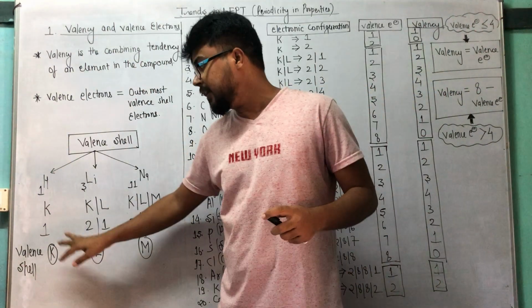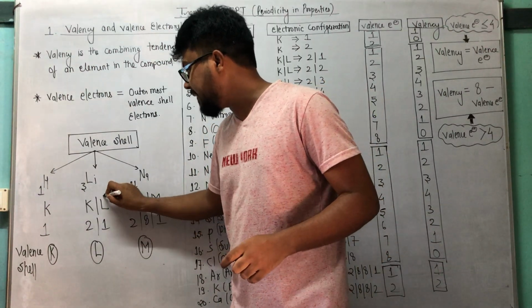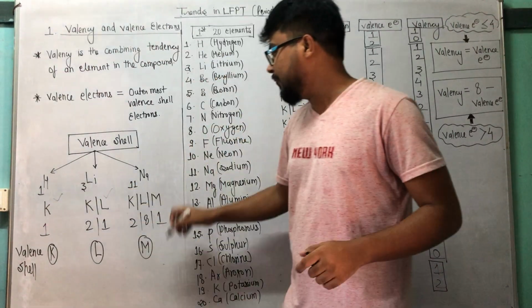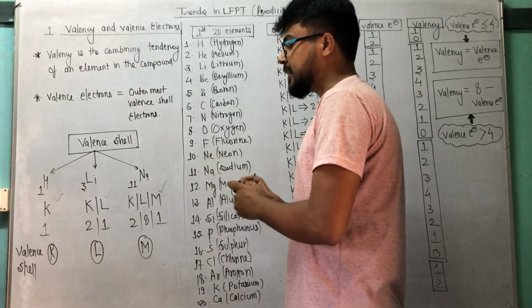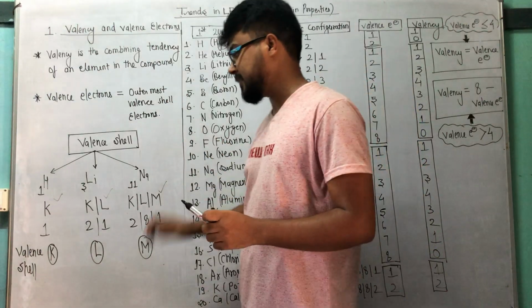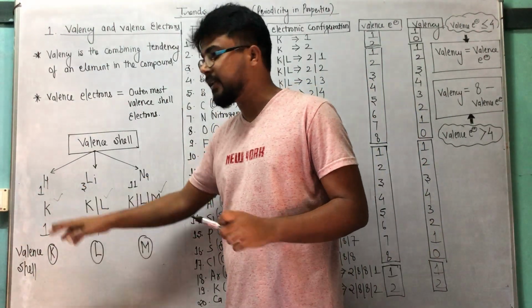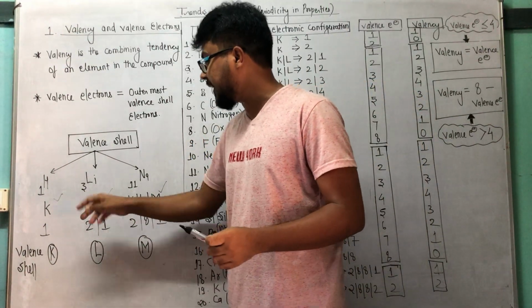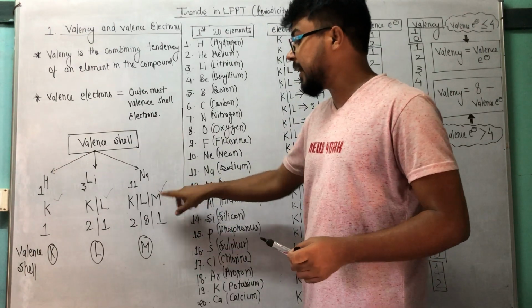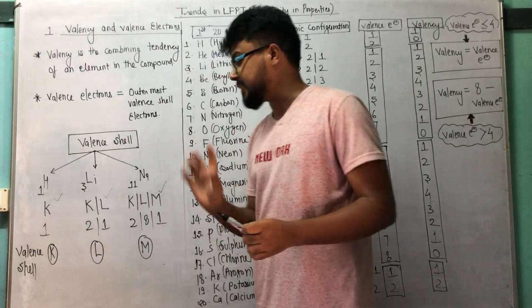So for hydrogen, the valence shell is K, for lithium the valence shell is L, and for sodium the valence shell is M, correct? Remember students, the outermost shell is known as the valence shell. For hydrogen it is only 1 shell, which means the K shell is both the inner shell as well as the outer shell. For lithium, the L shell is the outer shell and the K shell is the inner shell. Here the M shell is the outer shell, but the K and L shells are inner shells, correct?